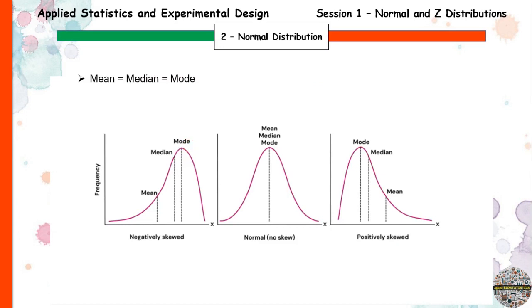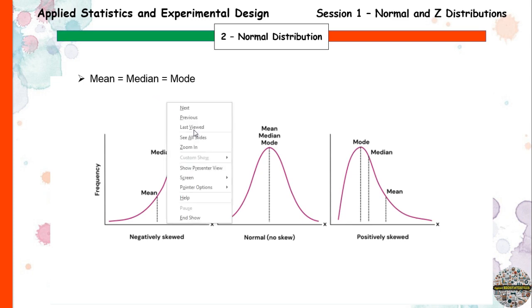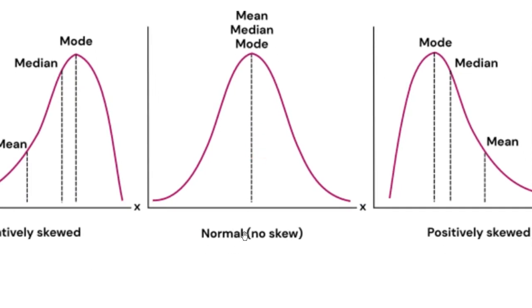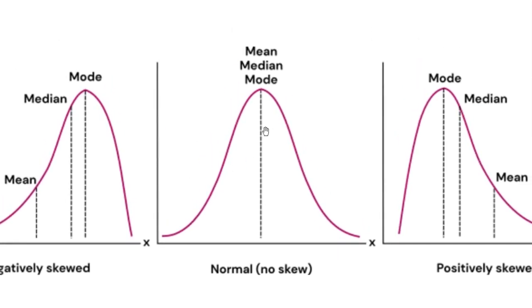And the last one I want to discuss is the mean, median, and mode. In this one, the middle one, it is a normal distribution and there is no skewness in this distribution. The mean, median, and mode are all here, and in a normal distribution all of them are the same.